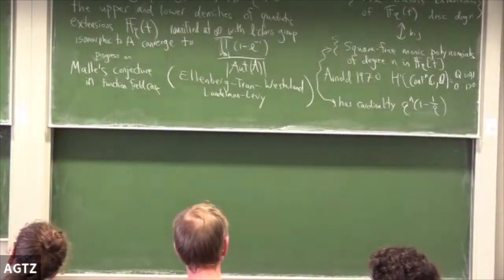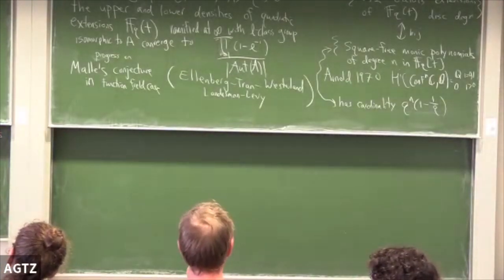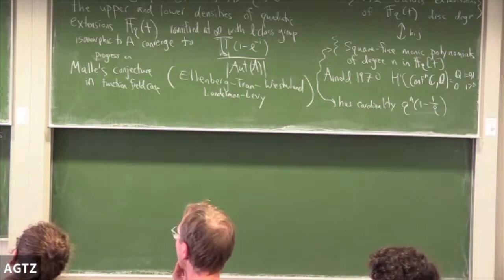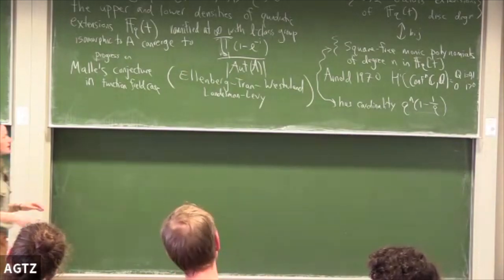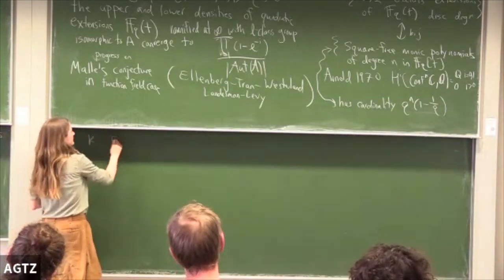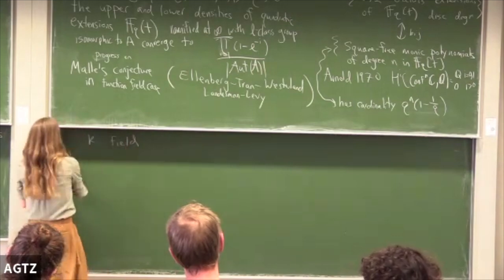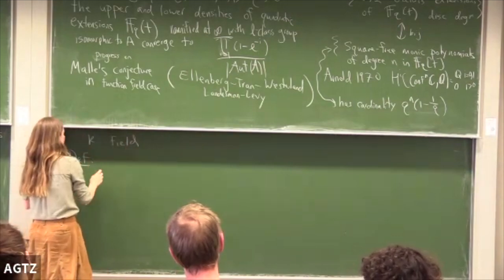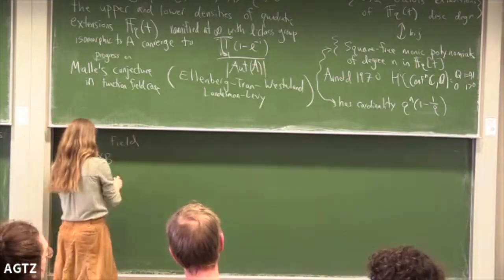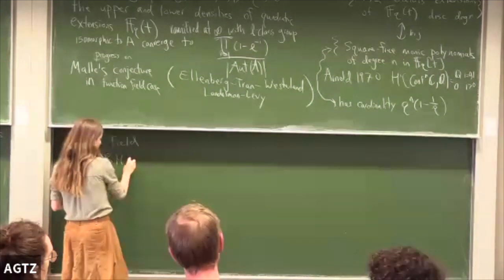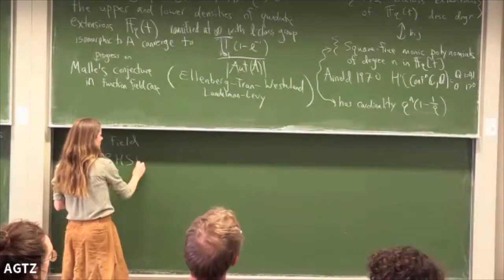So let's enrich the logarithmic derivative of the zeta function as follows. So we'll take K a field, and let's define. So this is joint with Bilu, Ho, Srinivasan, Vogt.